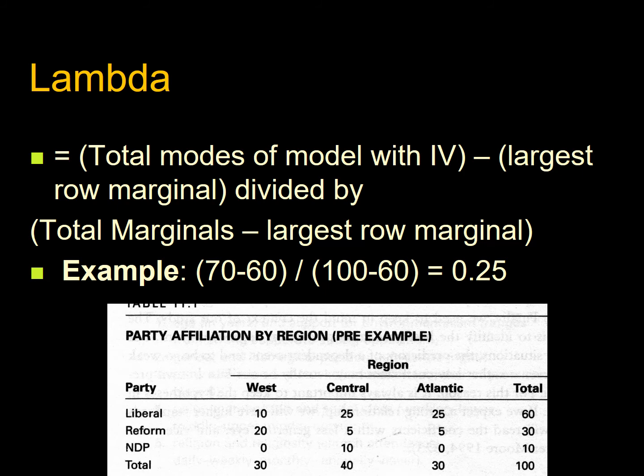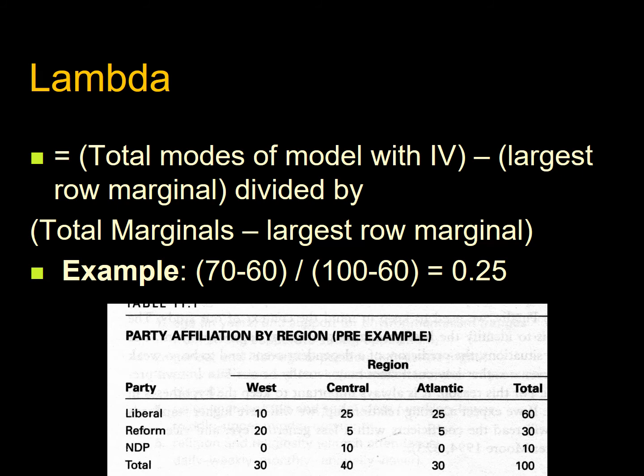Well, for West we have 20, for Central we have 25, and for Atlantic we have 25. Those are the largest blocks in each of the regions in the independent variable. We subtract from that the largest row marginal. And the largest row marginal, these are the marginals that are in the total column on the extreme right, is 60, which is for the Liberal Party.